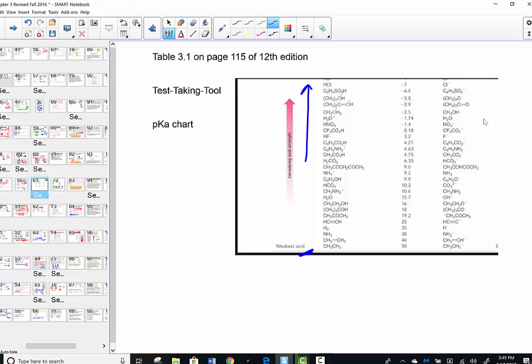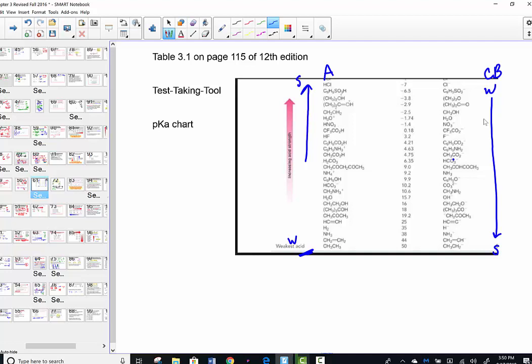Notice on the right side, these are the conjugate bases. So here, these are the acids listed from strongest to weakest. And on this side, you'll see the conjugate bases, which means one less proton. The stronger the acid, the weaker the base. So the weak bases are at top, going to the stronger bases at the bottom.